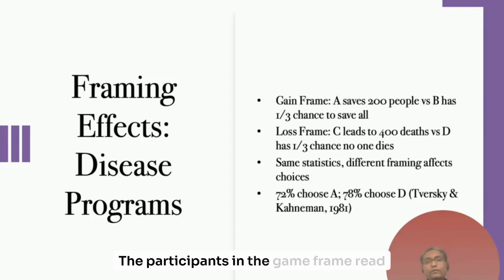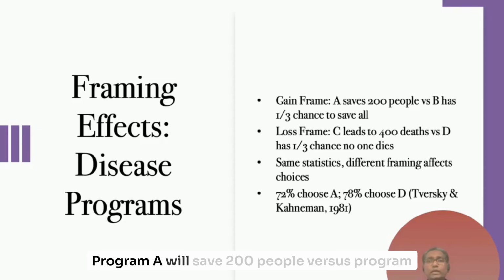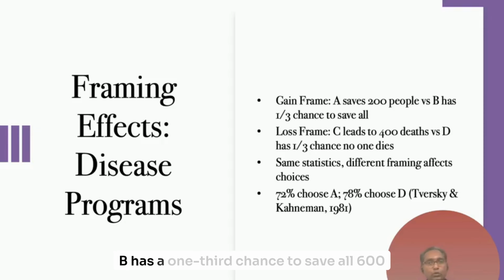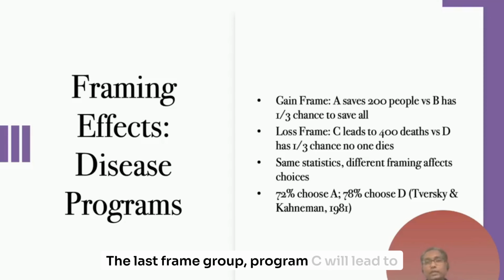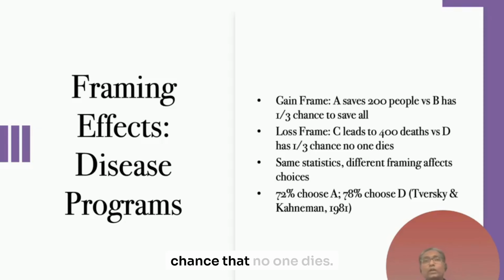The participants in the gain frame read something like this. Program A will save 200 people versus program B has a 1/3 chance to save all 600 people. Most chose the sure save option, which is 200 people. The loss frame group read: program C will lead to 400 deaths versus program D has a 1/3 chance that no one dies. 78% chose the risky gamble.